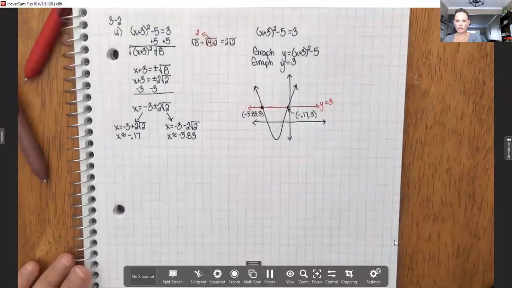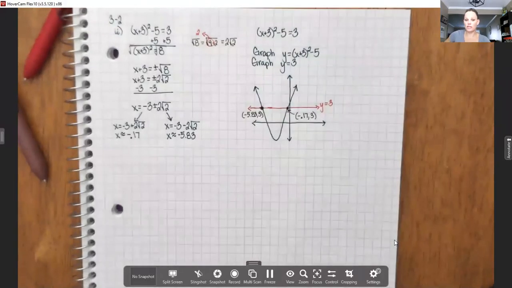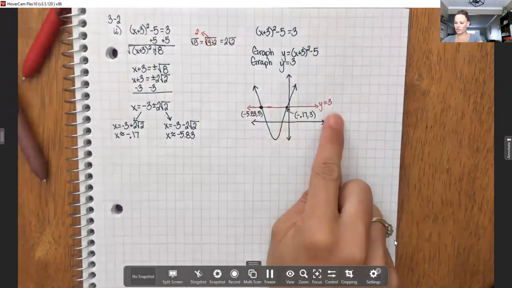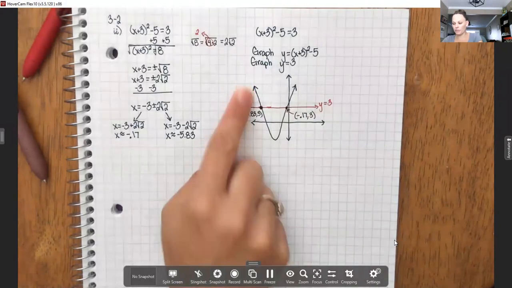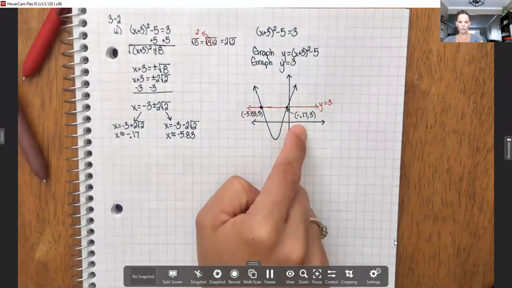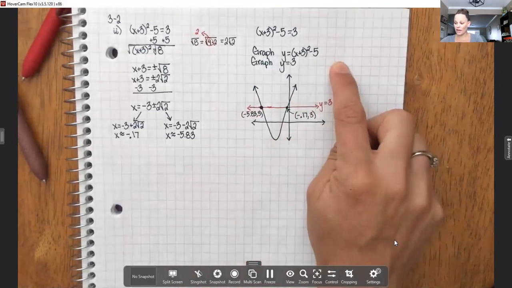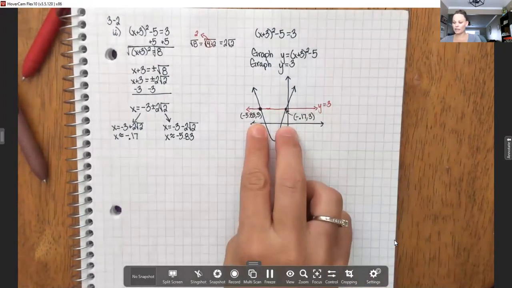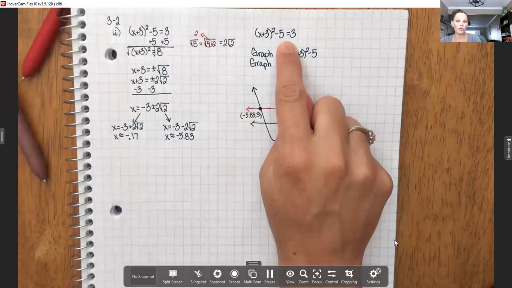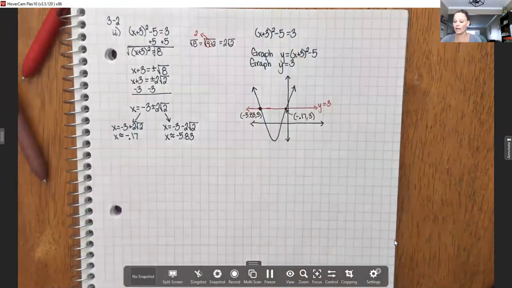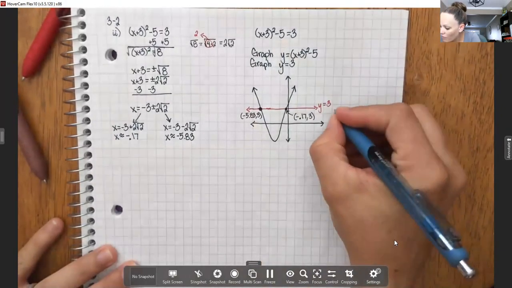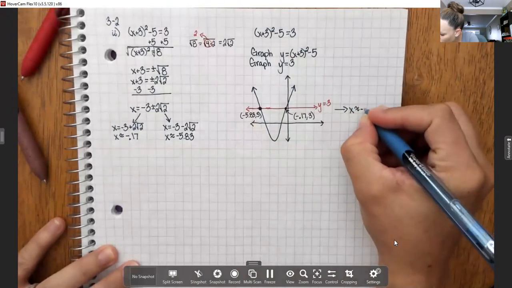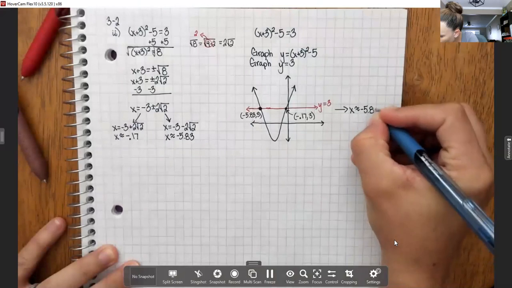So this is kind of what my graph looks like. Like I said, it's just a sketch, but I labeled those points of intersection. So this was the line y equals 3. This was my parabola. So if we're solving this algebraic or graphically, I want to know where these intersect, which we can see. But remember, our original equation doesn't have y in it. It's just x. So from the graph, we get that x is approximately negative 5.83.